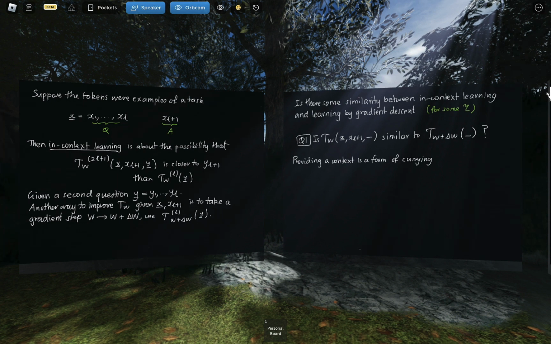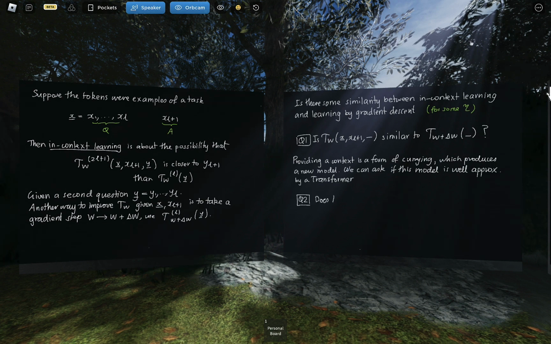So providing a context is a form of currying, which produces a new model, the one on the left-hand side in the previous line. And we can ask if this model is a transformer. Now this is a more general question. Of course, if question 1 were true, the answer would be yes to question 2.